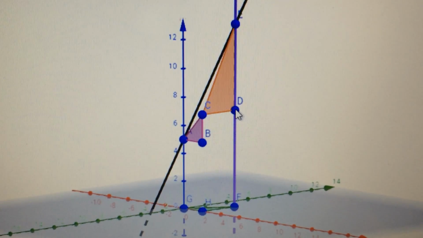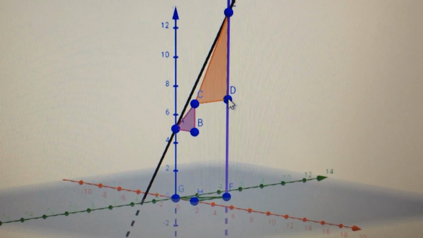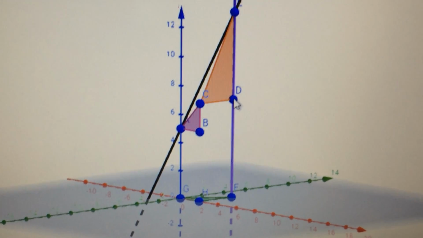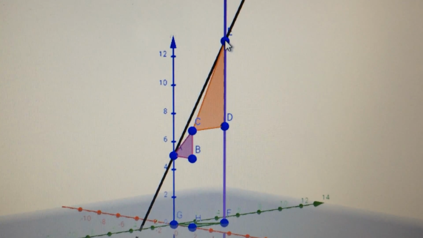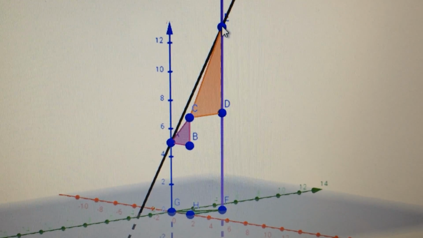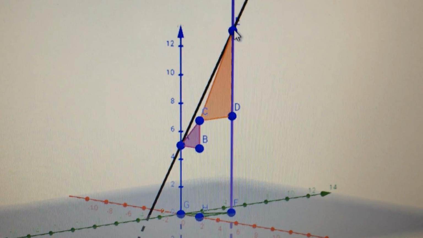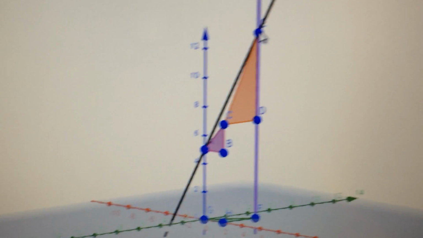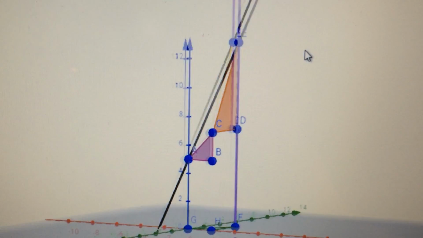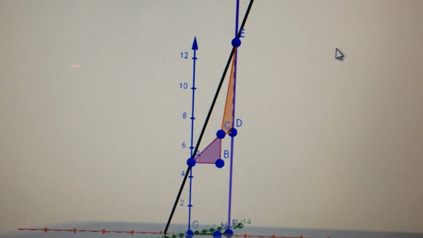I'm going to go from D, which was 2, 3, 7, and add 6 to my z. So now I'm getting this point right here, which is E, and that value is going to be 2, 3, 13. What this is saying is that that is the next point on my line, and that will give me that final line formation between points A and E.